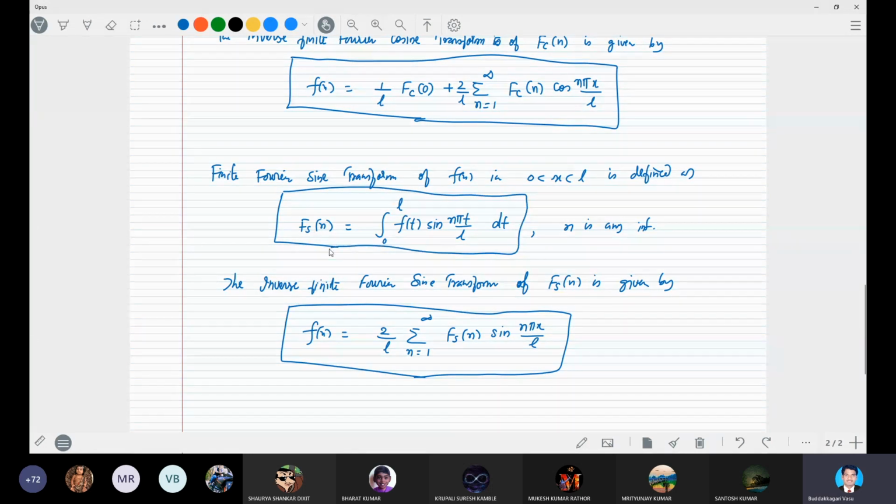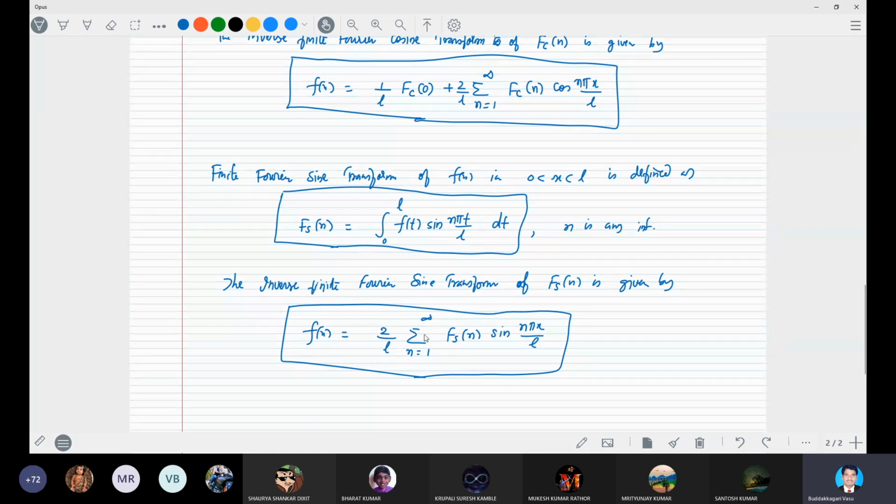These are the finite Fourier sine transform and its inverse. Here one must understand that where it is a finite interval, we cannot get the Riemann sum. Therefore that integral form cannot be the inverse representation. The inverse representation will represent the whole function as a sum, and that could not be a Riemann sum.